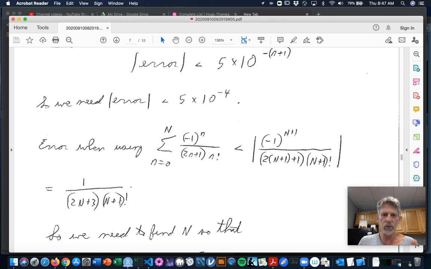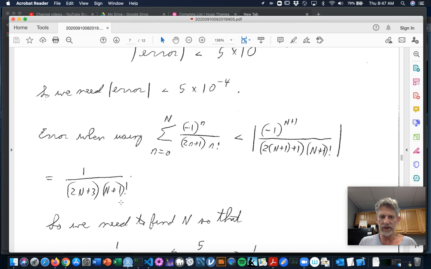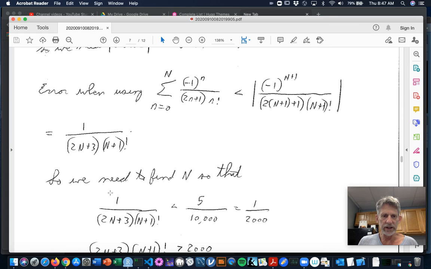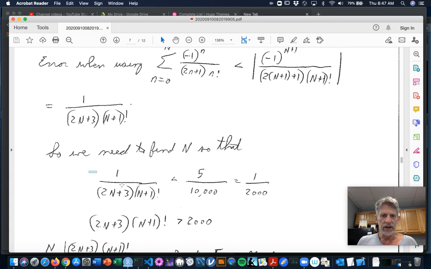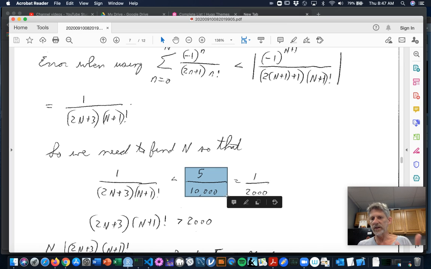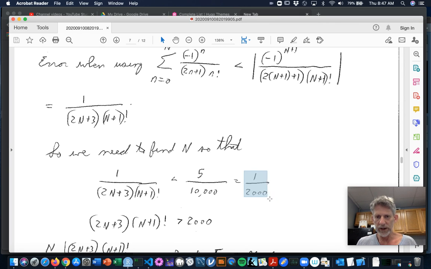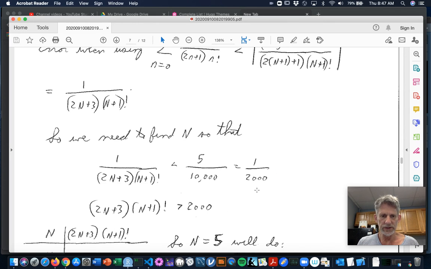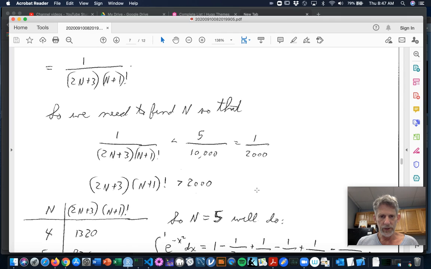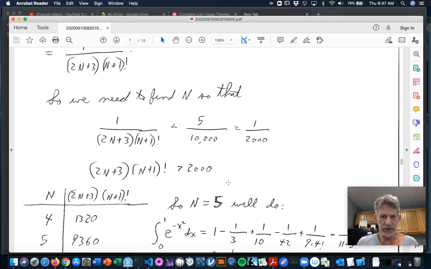So we need to work it so that the error is less than that. We need to find an n so that this is less than the 5 times 10 to the negative 4, which, by the way, is 1 over 2,000. I need this to be less than 1 over 2,000. So multiplying both sides by their denominators, I need this to work out to be bigger than 2,000.